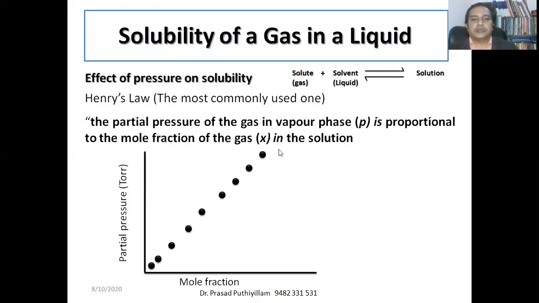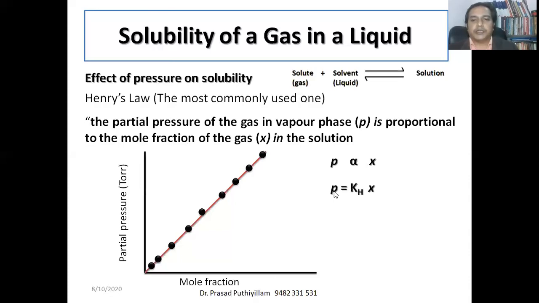If you connect these points, the line passes through the origin. Therefore y is equal to mx at that stage, so we can say that partial pressure is directly proportional to mole fraction. Now this proportionality we can convert into an equality by multiplying by a constant value.